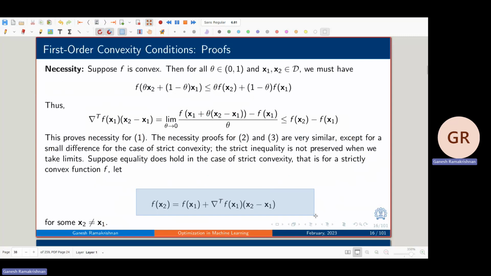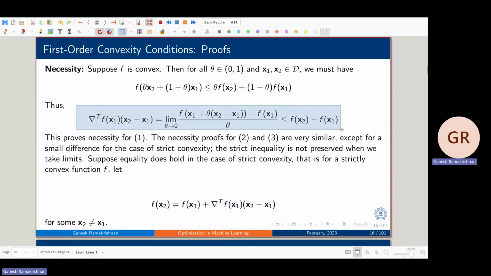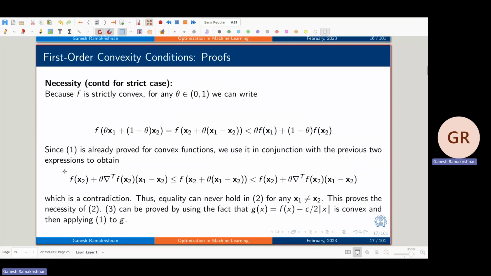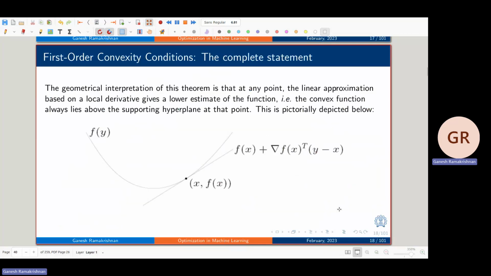We use this condition and this condition both, because we have non-strict equality here, and we assume that there's a contradiction at x2. Using these two conditions, we show that this leads to a contradiction, where the left-hand side is strictly less than itself, which cannot be possible. Okay. If you get the intuition, it should not be difficult to work out. So that's the only point we need to take care of.